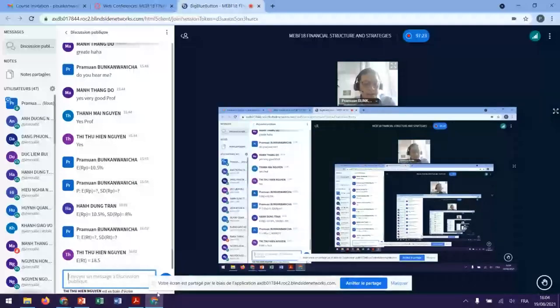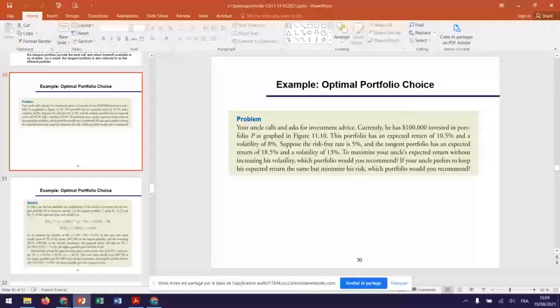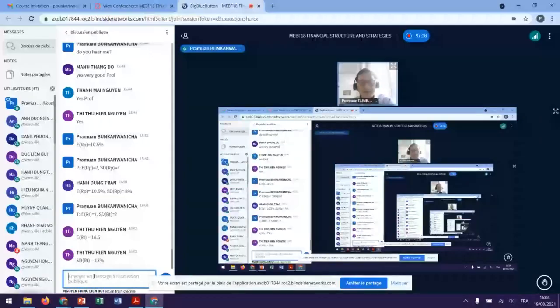ERT, which is the tangent portfolio, has an expected return of 18% and volatility of 13%. Perfect. Okay, so you have these two pieces of information.